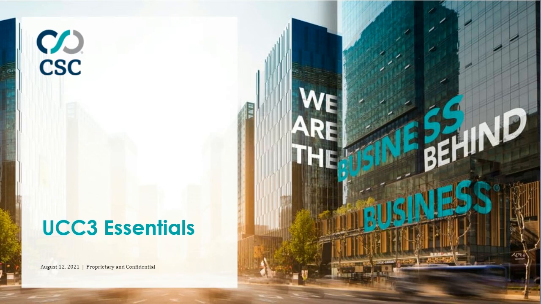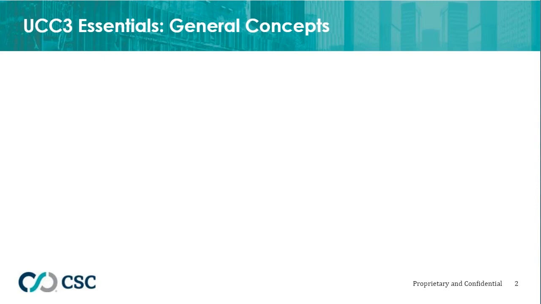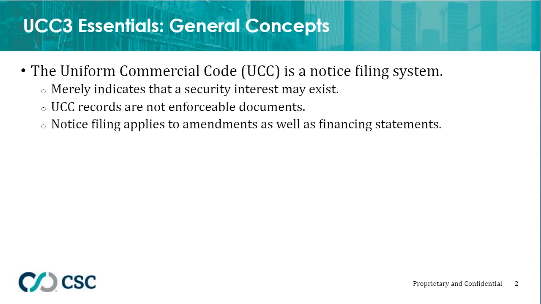A couple of general concepts that it's important to understand, actually a few of them. For one, it's really important to understand that the UCC is a notice filing system. And what that means is that what gets filed in the UCC records are not liens or security interests. They're merely notices that indicate a security interest may exist. These records are not enforceable in their own right.